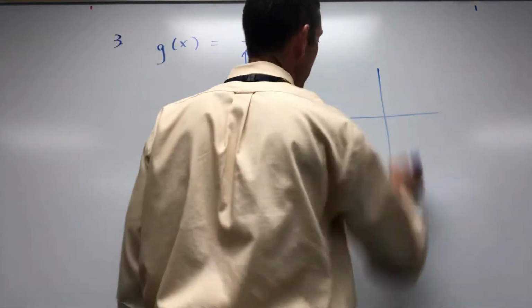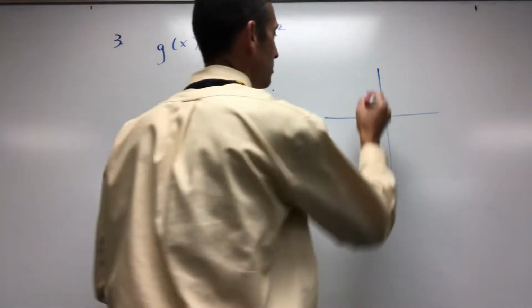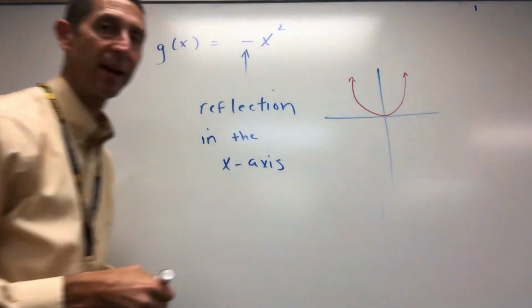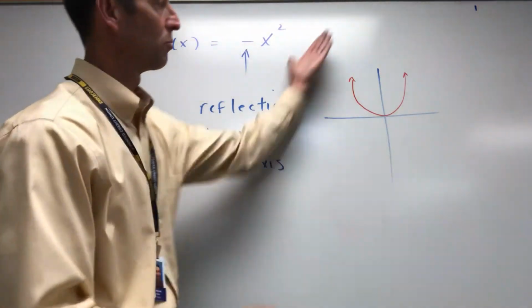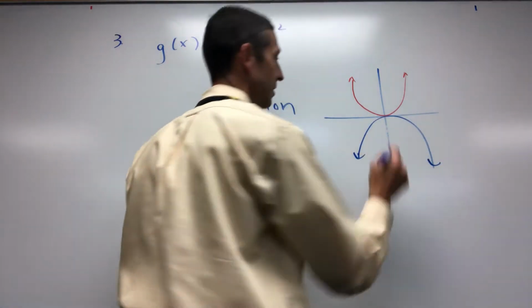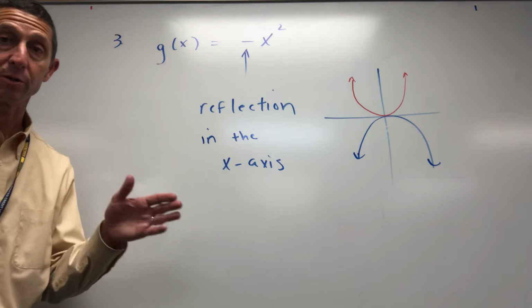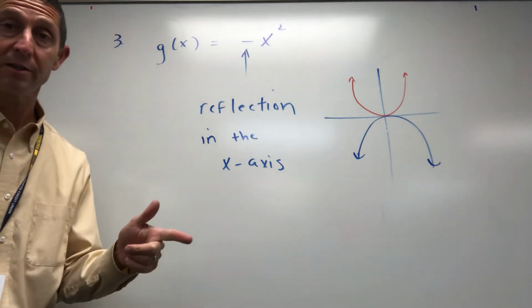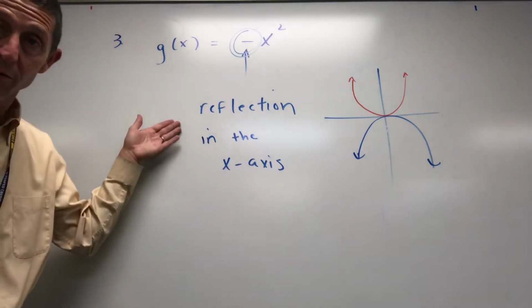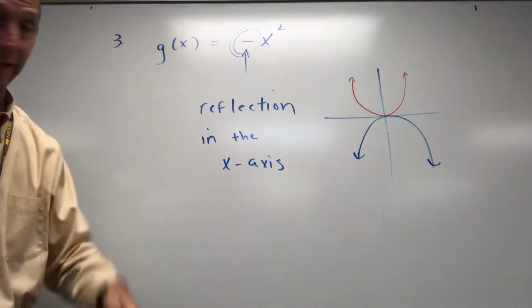So if we had our parent graph right here, a reflection on the x-axis is just going to reflect it straight down, so it's going to look like that. So you've got a vertical stretch, you've got a vertical shrink that's going to happen. And then if they throw in a negative sign, you can also throw in a reflection with that.